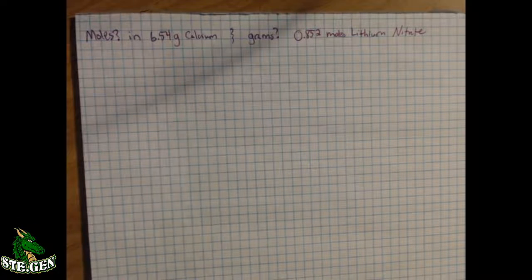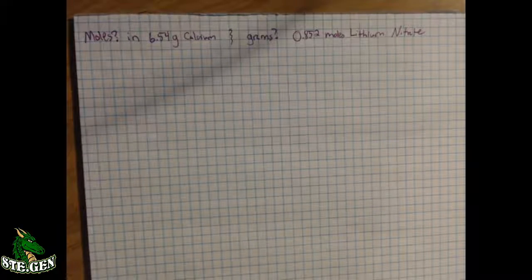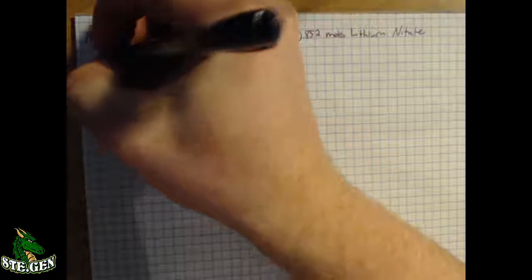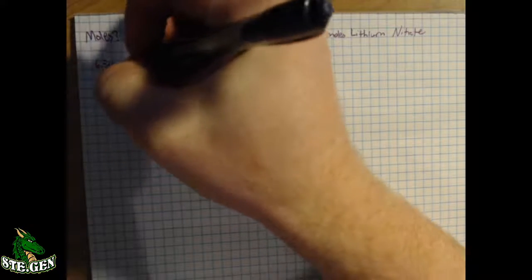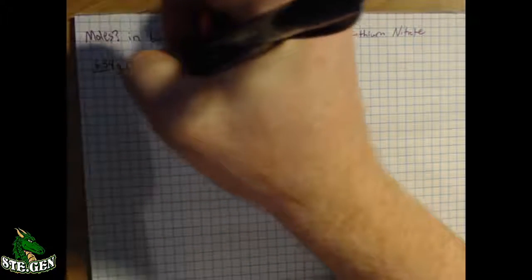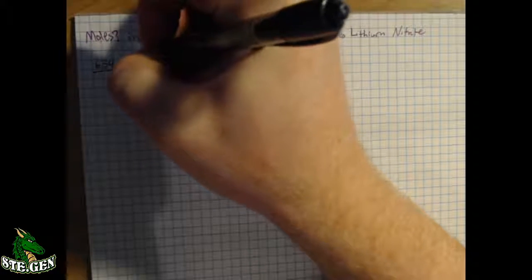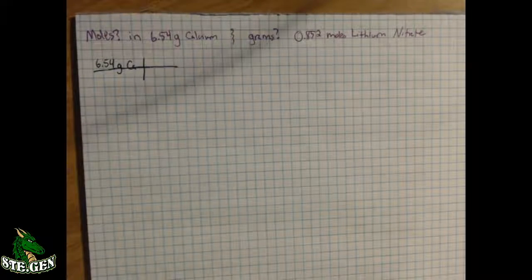So starting with the first one, moles that are in 6.54 grams of calcium. Well, we're going to start with that number that we got here, 6.54 grams of calcium. And then anytime you're doing any of these conversion factor questions, your brain should immediately go, can I convert directly into this, or do I have to make a stop in between?